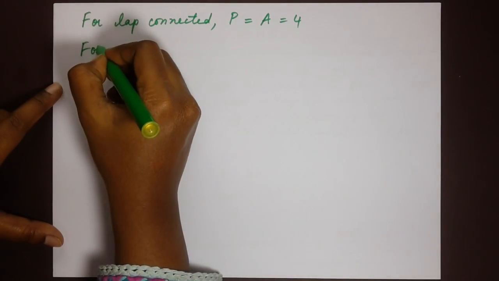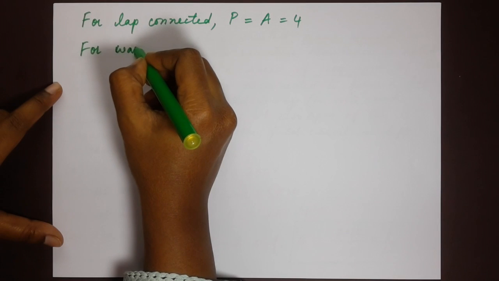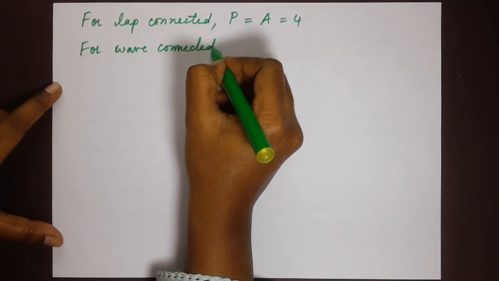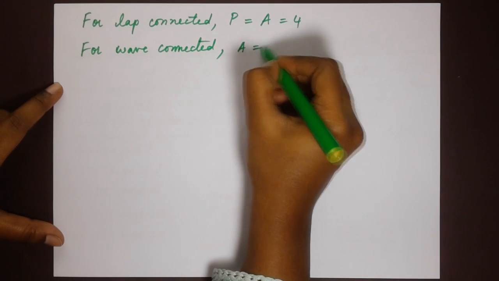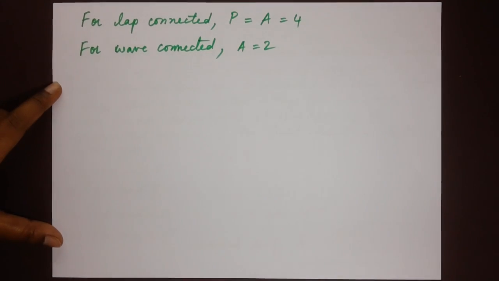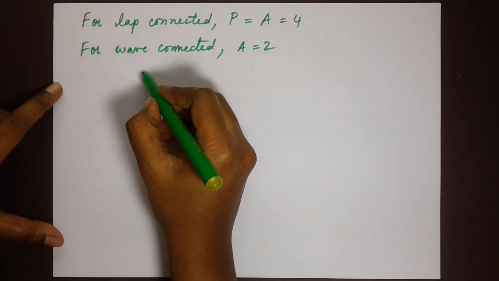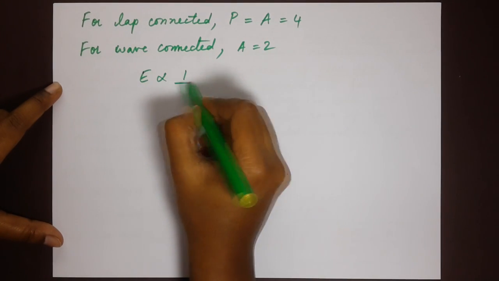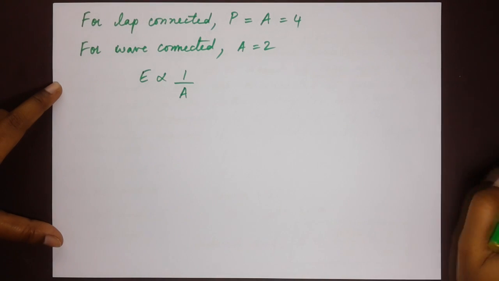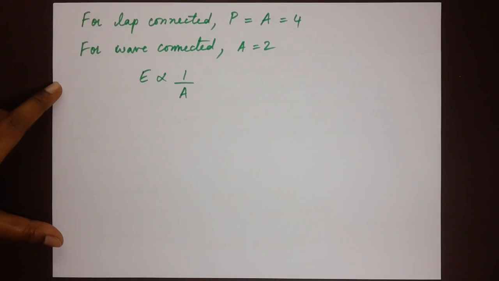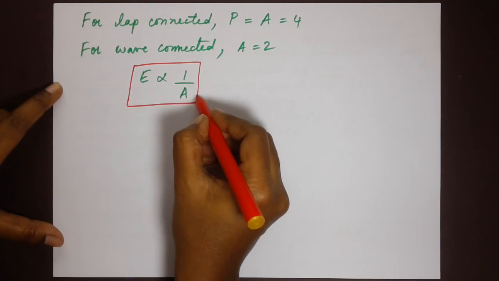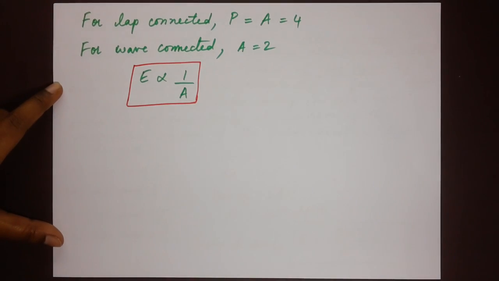But for a wave wound or wave connected, the number of parallel paths is fixed as 2. The induced EMF is inversely proportional to the number of parallel paths. This is an important relation and it will help in most questions that deal with this concept.